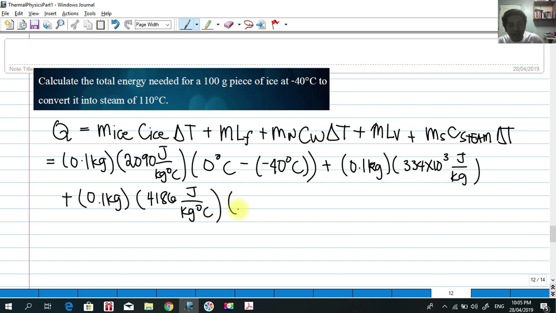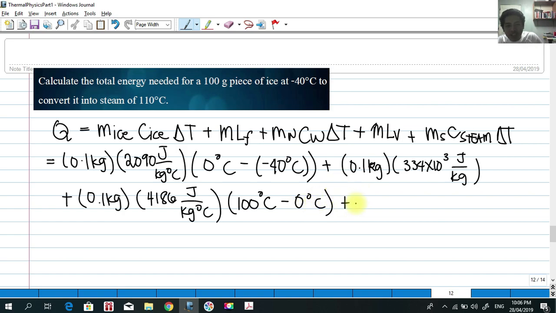And delta T, of course, is from 0 degrees up to 100 degrees. Our final temperature is 100 degrees Celsius because this is the temperature at which the water starts to boil, minus our initial temperature. We don't have any change in temperature in the latent heat of fusion stage, so our initial temperature will be the final temperature for the ice, 0 degrees Celsius.